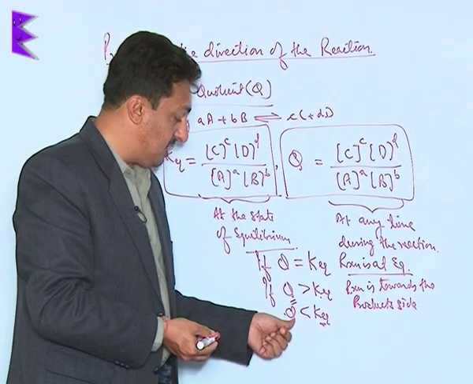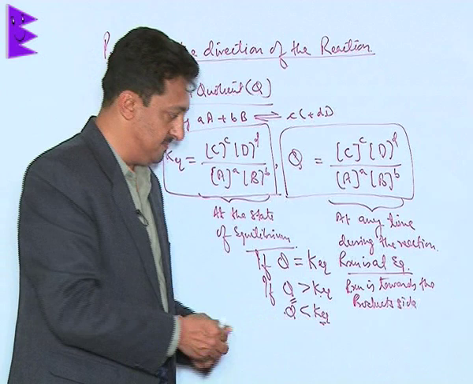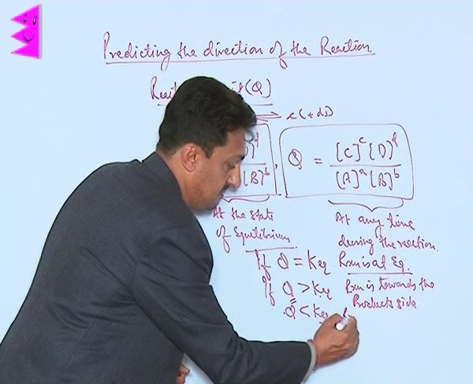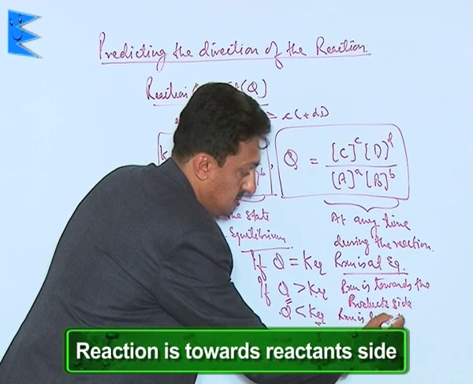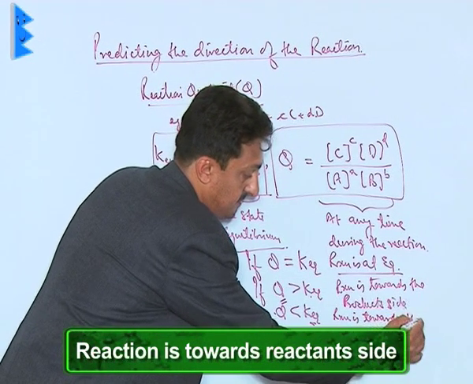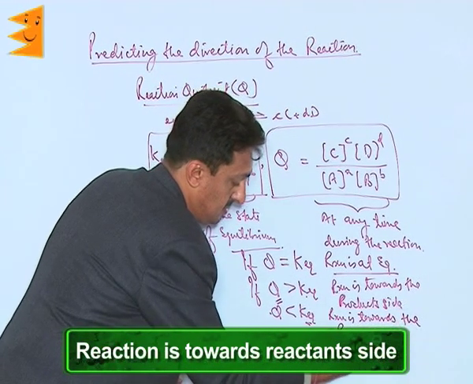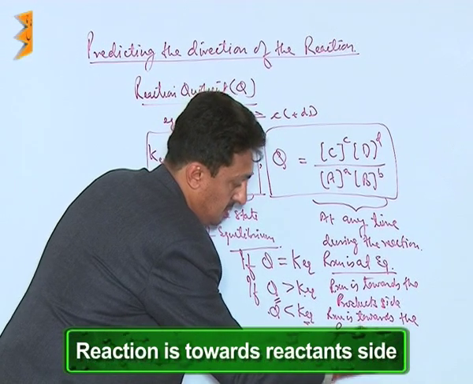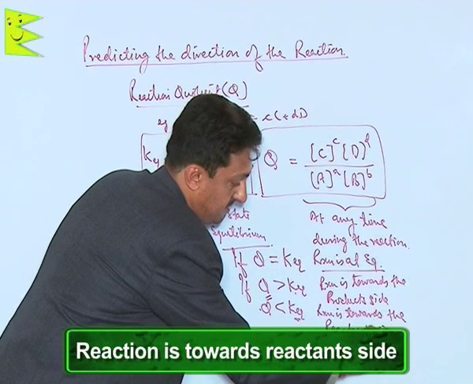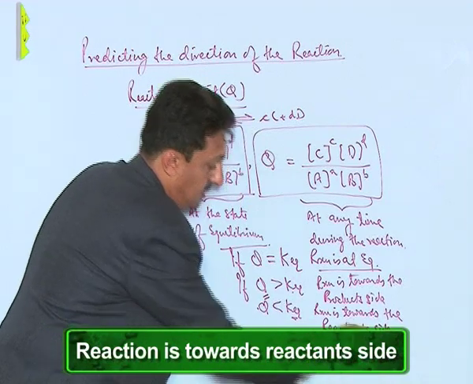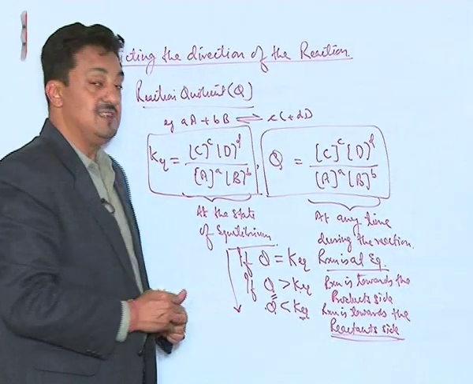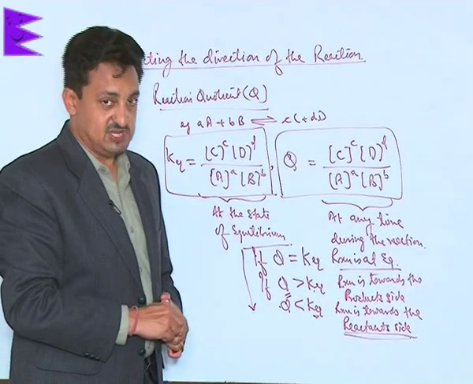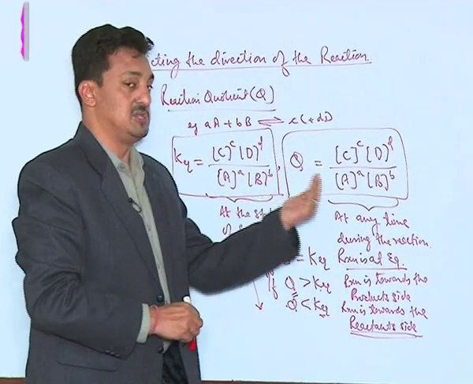So if the value of Q is lesser than K equilibrium, the reaction is towards the reactant side. So this is how we can easily predict the direction of the reaction, to which direction it is moving.